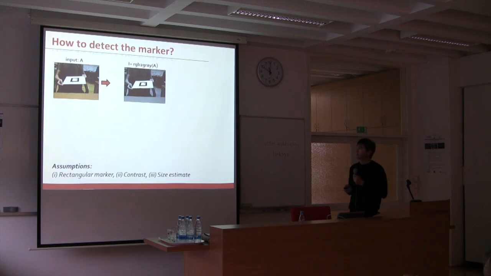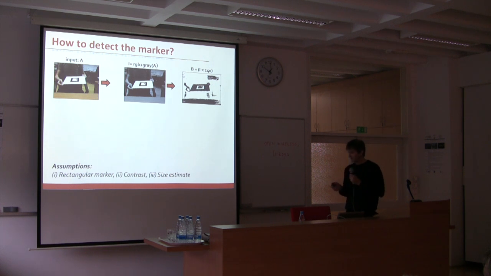So we have the input image, which we convert to a grayscale image, and then we binarize the image with a certain threshold. Now here we know that the marker will be such, and basically now is the best time to know this.